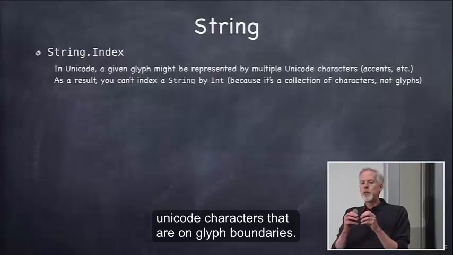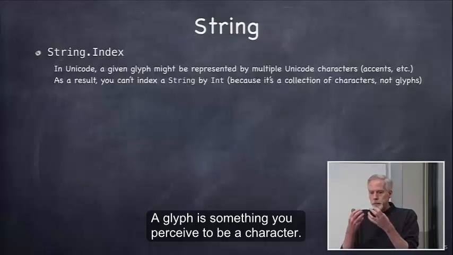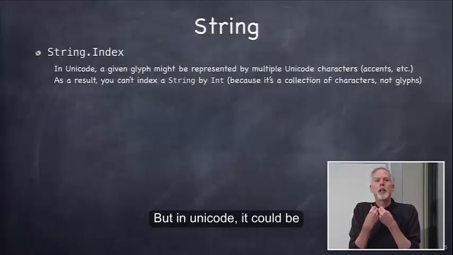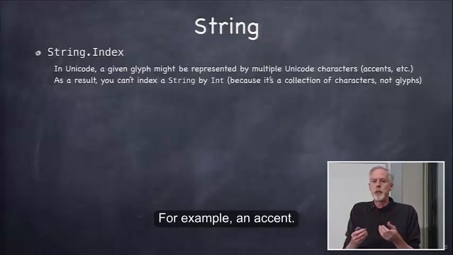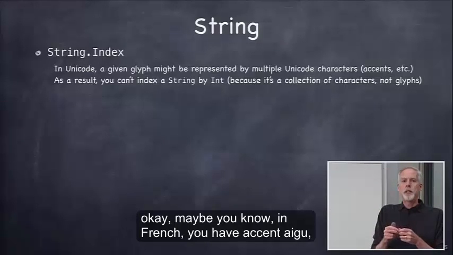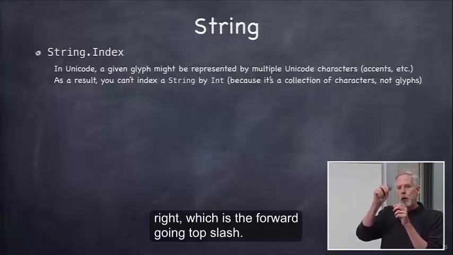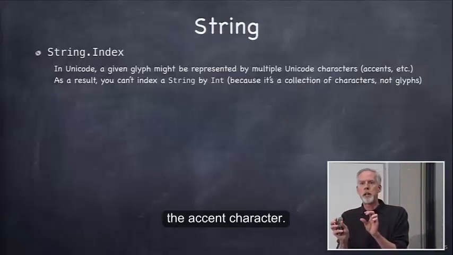You want a substring of Unicode characters that are on glyph boundaries. A glyph is something you perceive to be a character. But in Unicode, it could be multiple characters making up one glyph. For example, an accent. In a lot of European languages, there are accents. In French you have accent aigu, the forward-going top slash. Well, that could be two Unicode characters, E and the accent character.